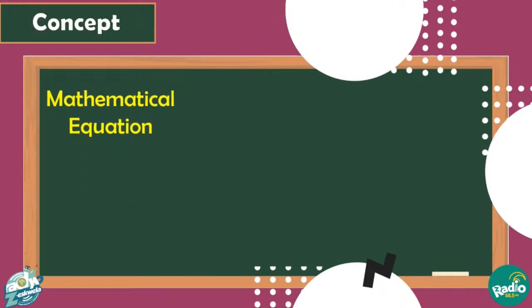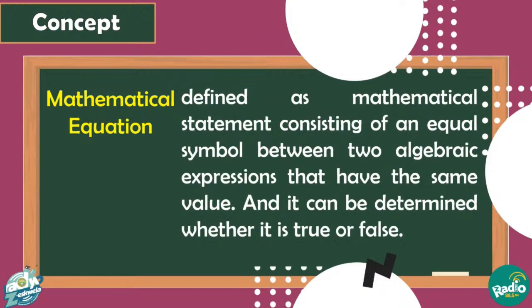On the other hand, a mathematical equation is defined as a mathematical statement consisting of an equal symbol between two algebraic expressions that have the same value. And take note, it can be determined whether it is true or false.